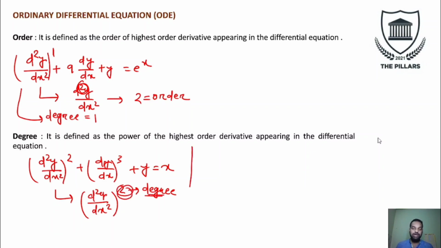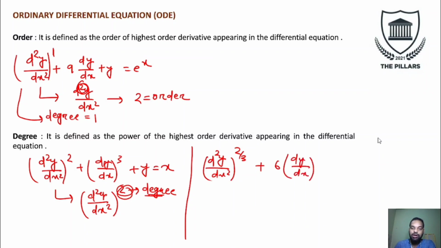Now let me take a complicated example. Let's say we have a differential equation like (d²y/dx²)^(2/3) plus 6 (dy/dx)^(3/2) plus y equals sin x, or some function of x, or 0; the right-hand side doesn't matter here.